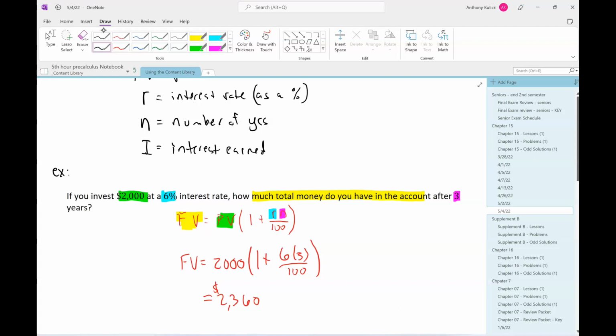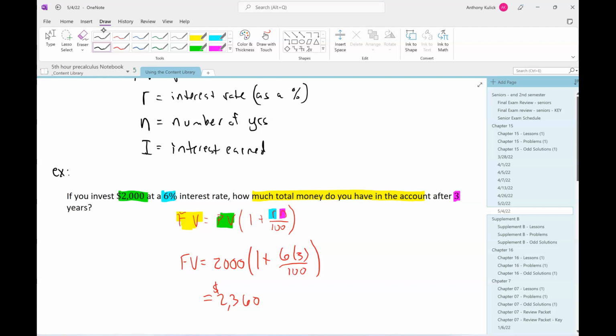So when a bank actually pays you interest, are they doing it this way? No. They are not. And the reason they're not doing it this way is because it's kind of a ripoff.